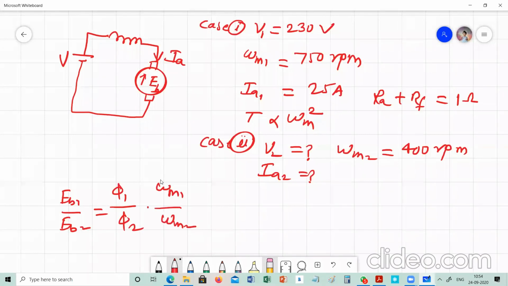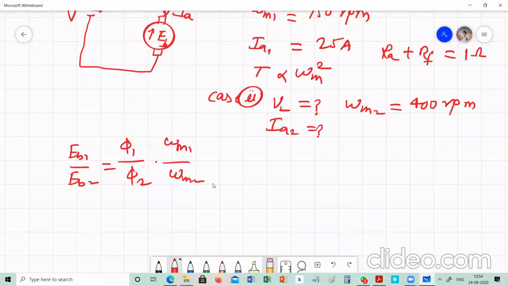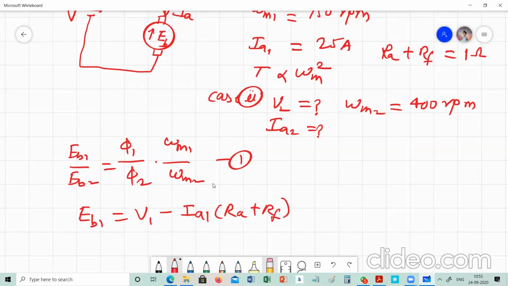We have to calculate different quantities which are unknown in this equation. This is equation number 1. EB1 is equal to V1 minus IA1 in bracket RA plus Rf.